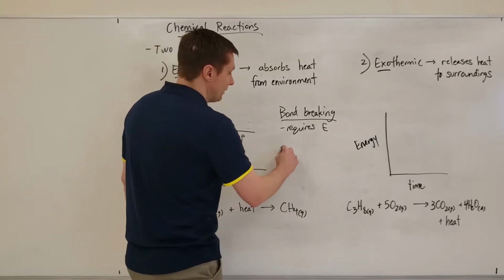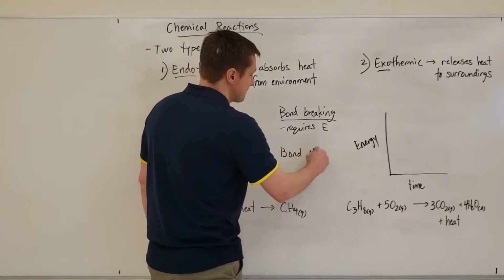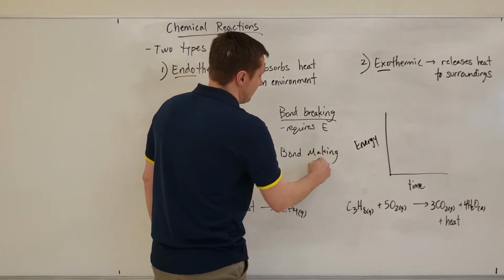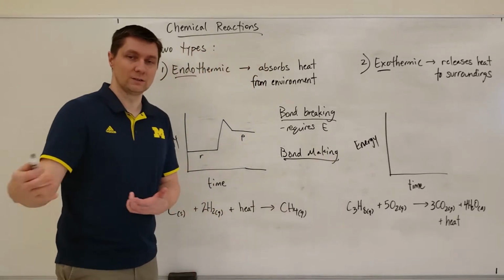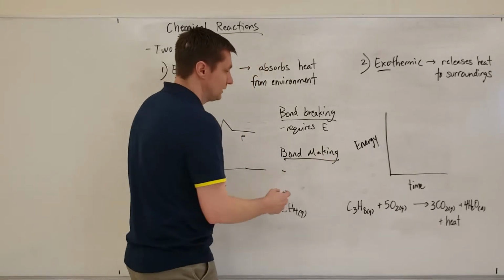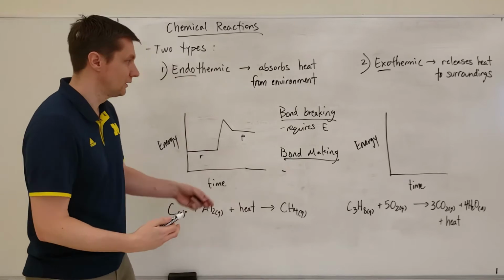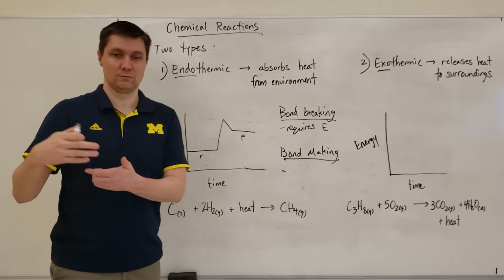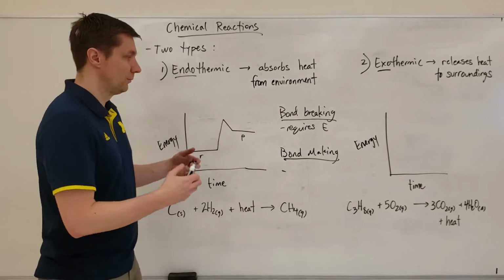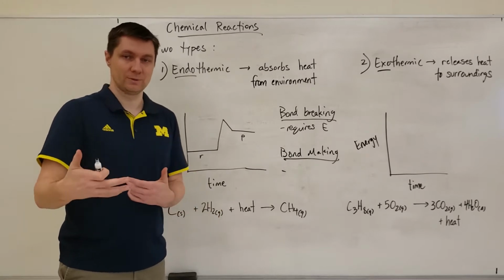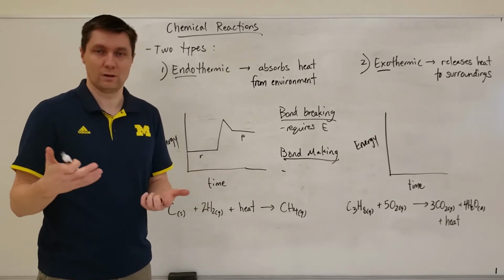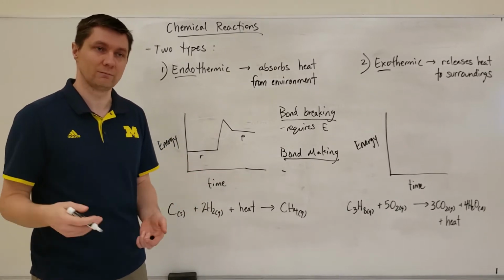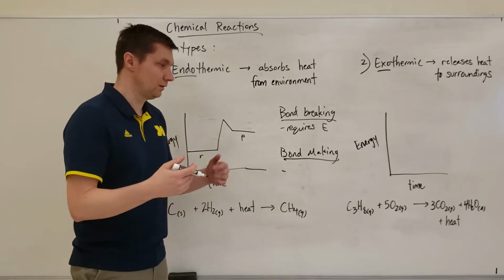And then I have bond making, where I'm forming the bonds of the products. And this, because it's an opposite process, bond breaking is requiring energy. Bond making, which is the opposite, is going to then require the opposite kind of process for energy in those reactions.